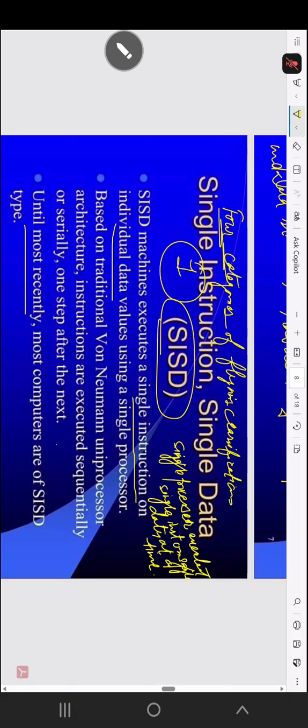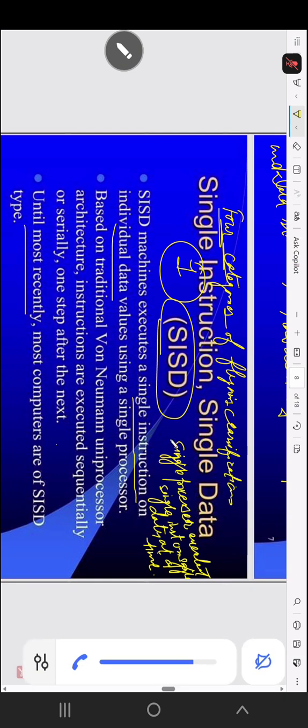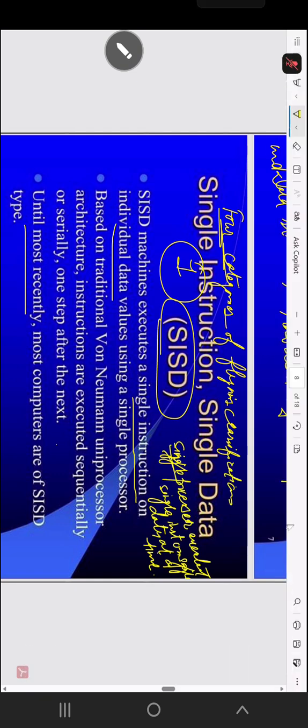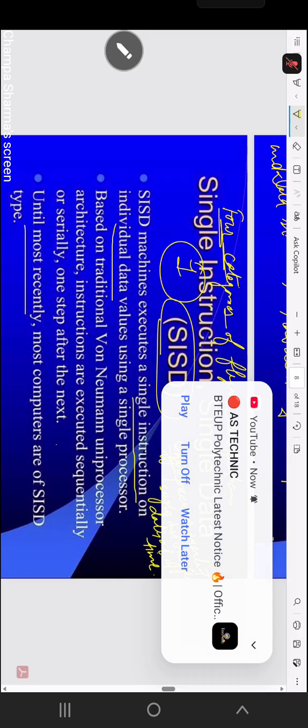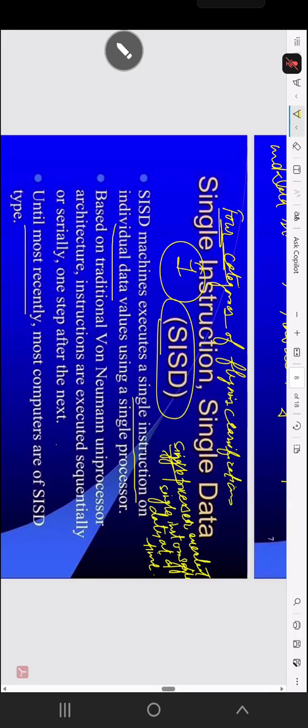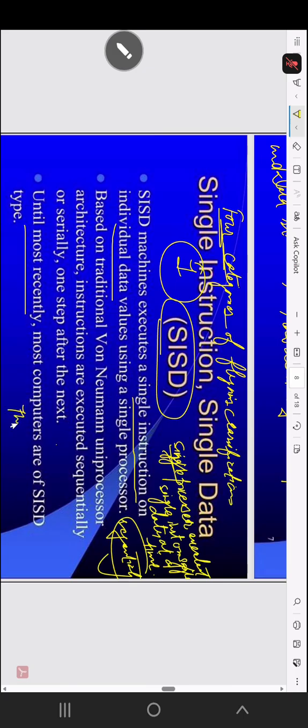Listen once again: only one processor executes one instruction on one data set at a time. So this is sequential processing, there is no parallelism. Is it clear?